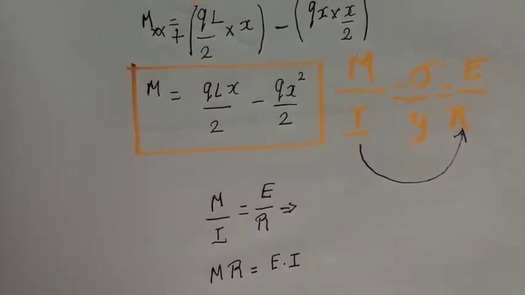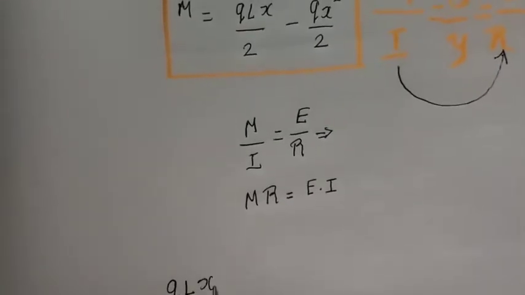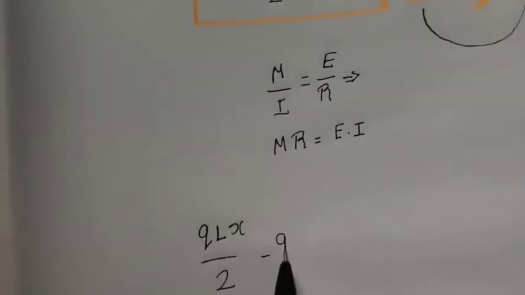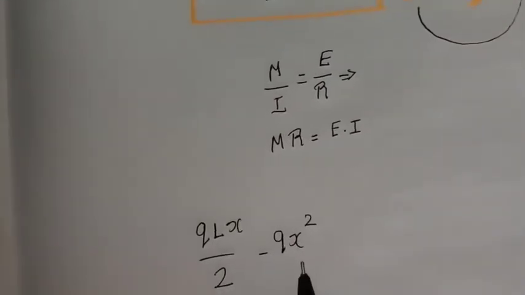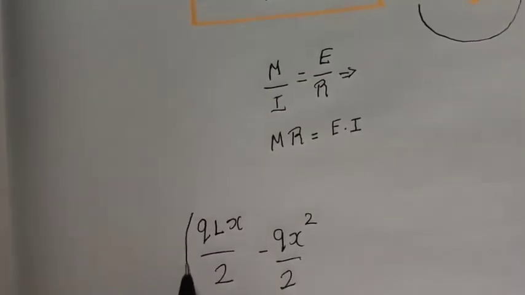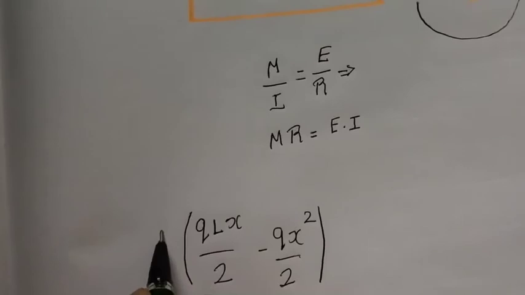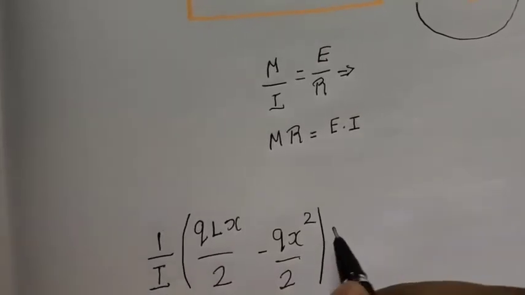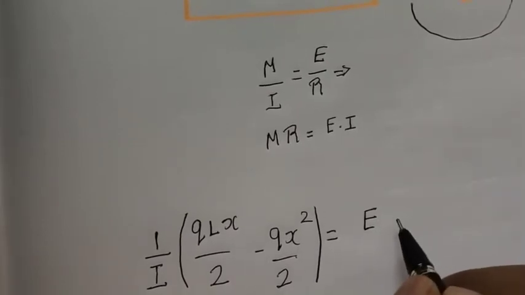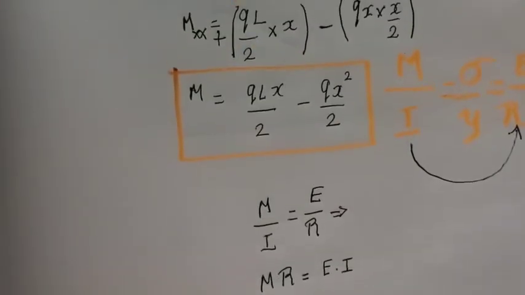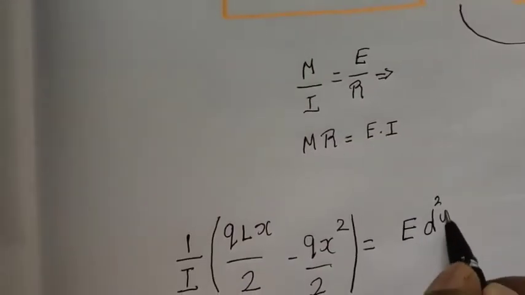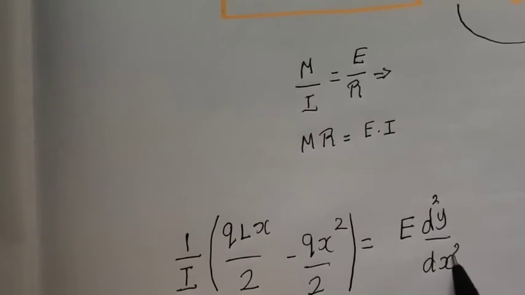M is qLx over 2 minus qx squared over 2, that is M, by I. So I will just put 1 by I here, is equal to E into 1 by R. So I got the value of 1 by R, which is here. It is d squared y by dx squared.